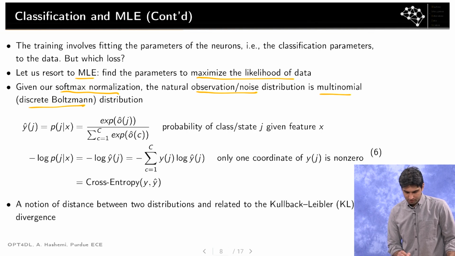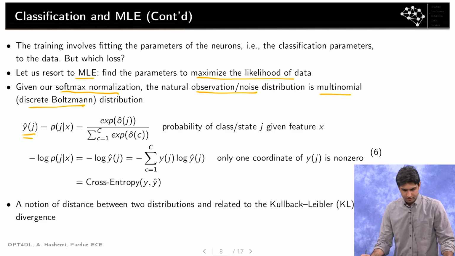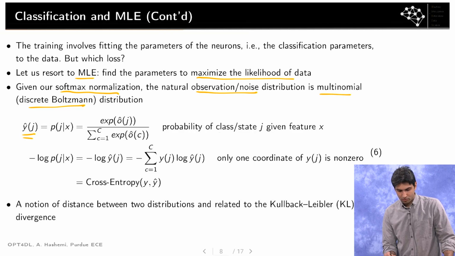Now let's see how we can arrive at cross entropy. So we want to maximize the likelihood. This is essentially our likelihood: the probability that the class or our state is j, given that the input features is x.